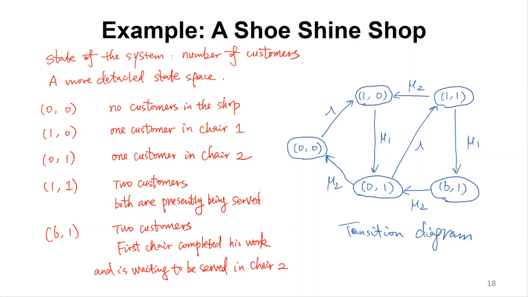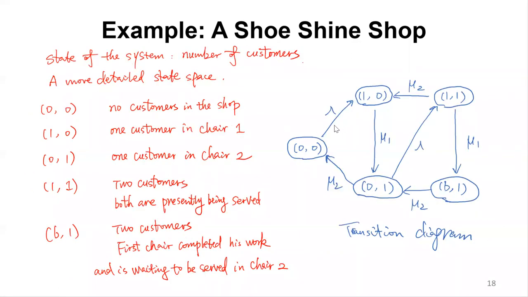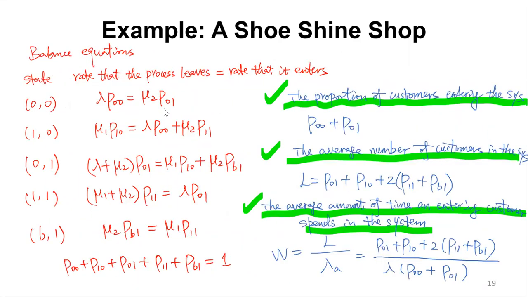Now, we know that we have rate equality. Let's derive the balance equations. In the balance equations, for every state, the rate at which the process leaves and the rate at which the process enters have to be equal. So for state 0, 0, lambda P00 leaves, which equals mu2 P01.